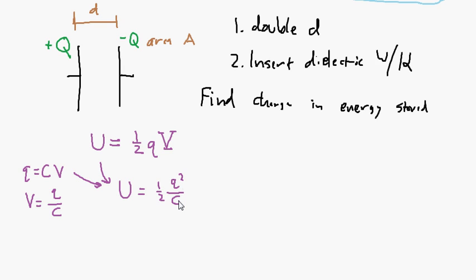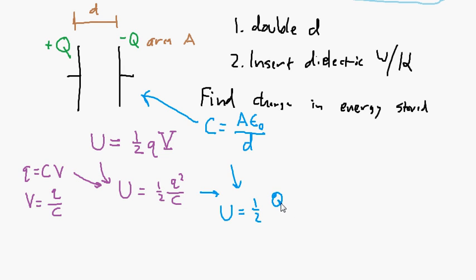Okay, and then you're all set, right? So in this case, for a parallel plate capacitor, the capacitance is just standard for a parallel plate capacitor filled with air, A epsilon naught over D. And then we plug that in there, and we can put this all together and say the stored energy is 1/2, and this is just algebra.